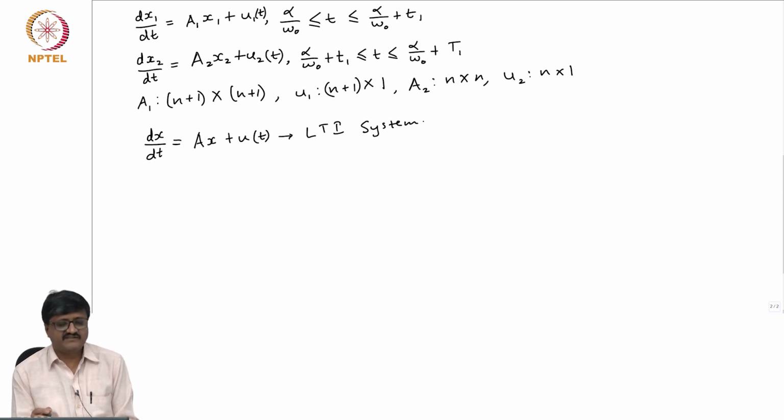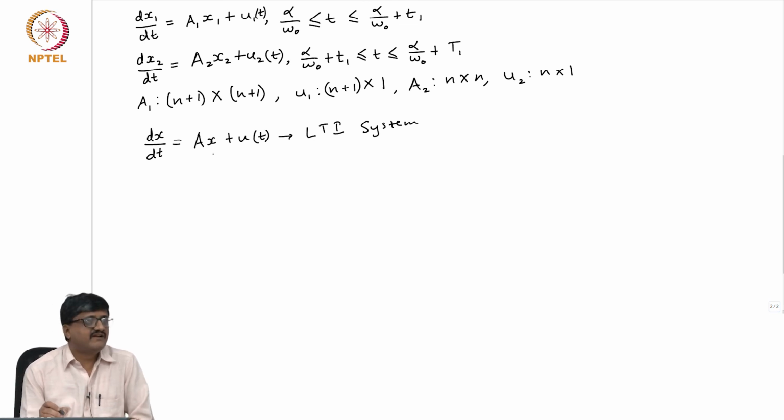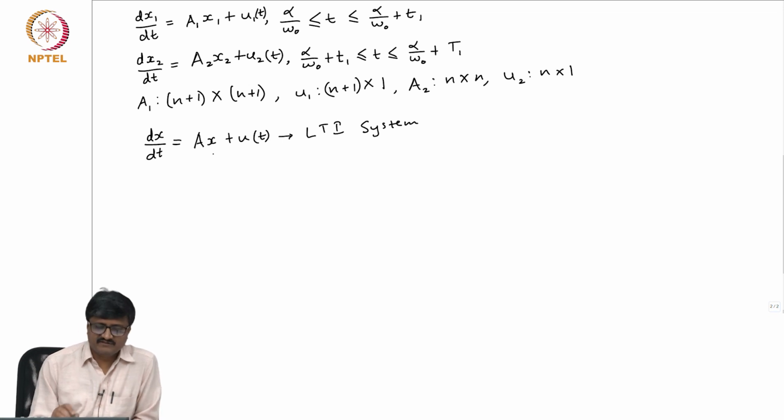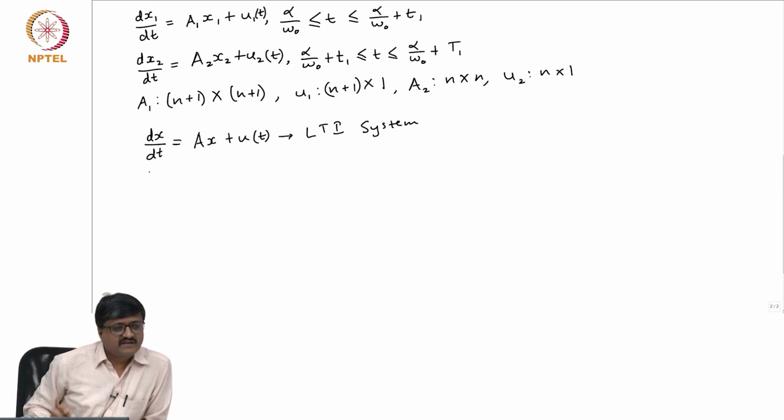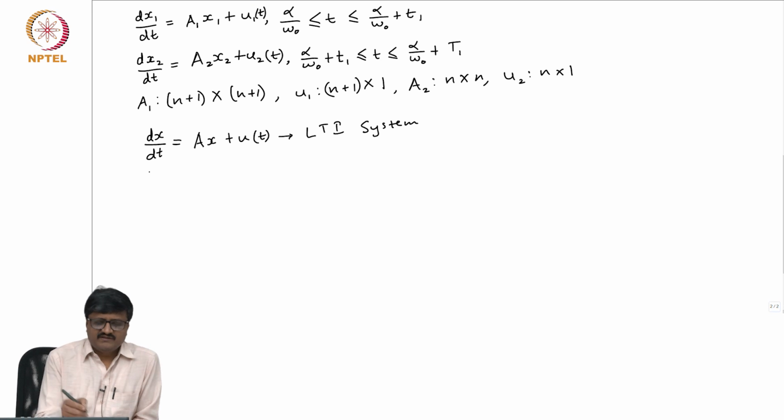It is not just linear. Time invariant means A is not a function of time. So, it is not only linear, it is time invariant also. So, how do you get the solution of this?